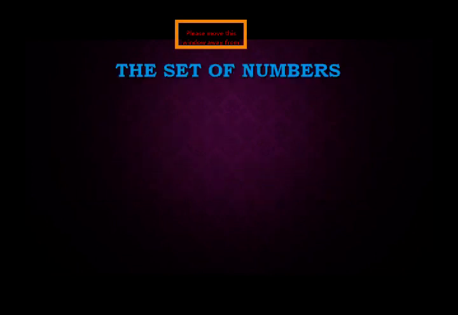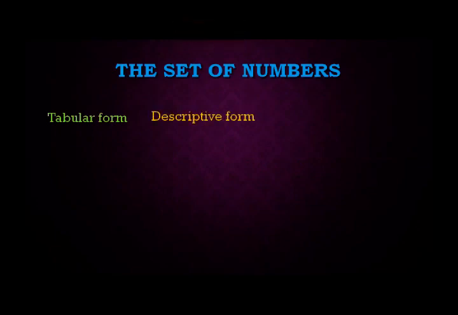Now the sets of numbers. We have some commonly used sets of numbers and they are denoted by particular names. We have already discussed the three methods: tabular, descriptive, and set builder notation.